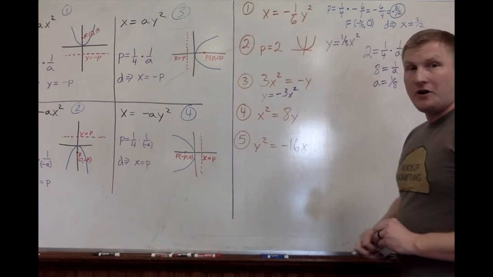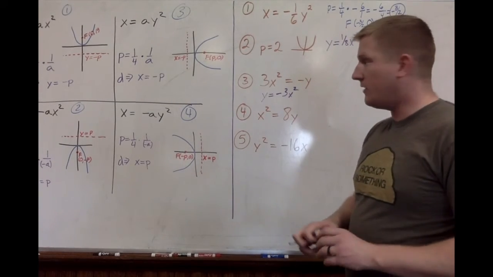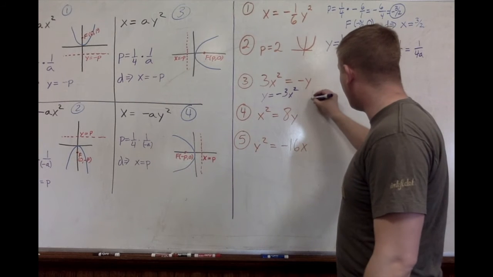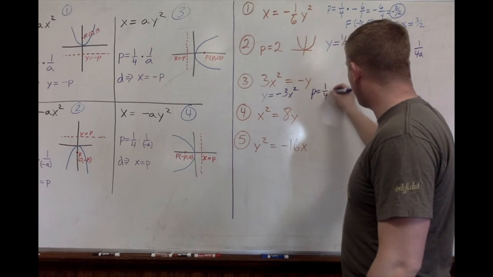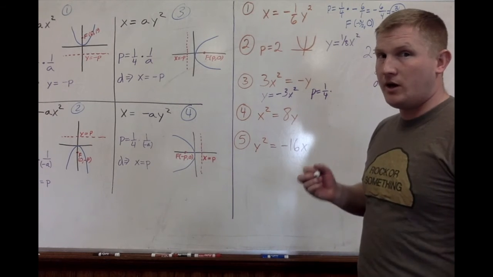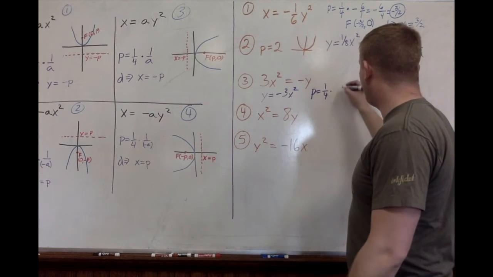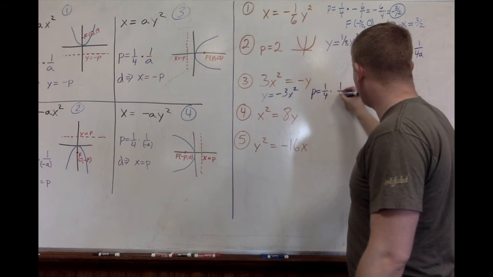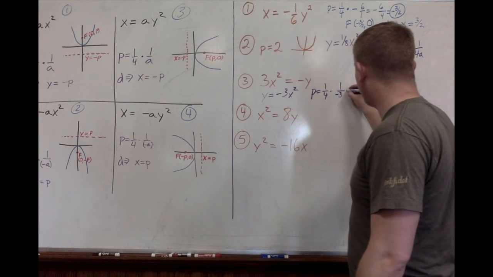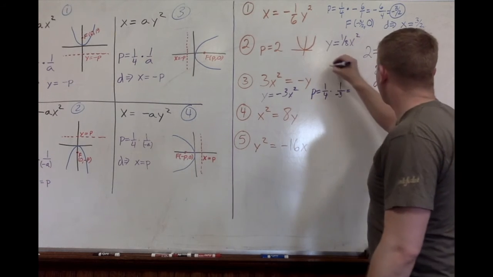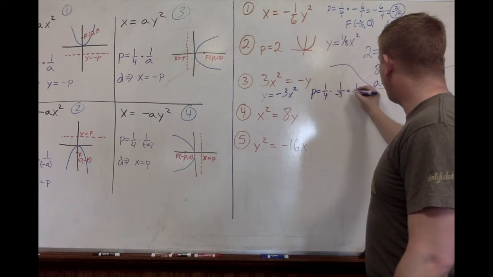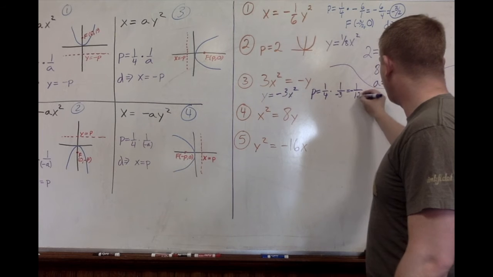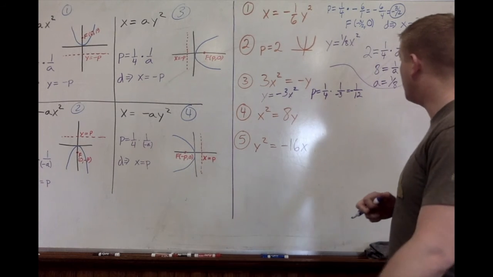In this case, our A is -3, so if we want to find our P, our focal distance, P is going to equal 1/4 times the reciprocal of A, which in this case is going to be 1/-3. Which is going to get us -1/12. Easy enough.